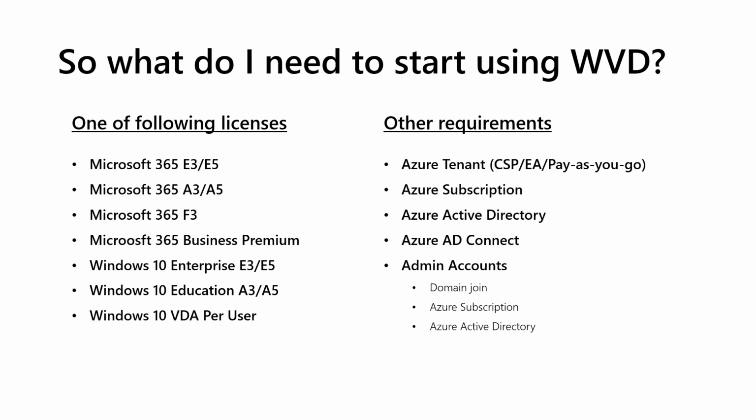We need to have Azure Active Directory in place, which is synchronized from an existing Active Directory, so we need to have Azure Active Directory Connect in place. And we need a user that has permission to domain join virtual machines, has access to the subscription, either contributor or owner access, and also has access to the Azure Active Directory tenant.